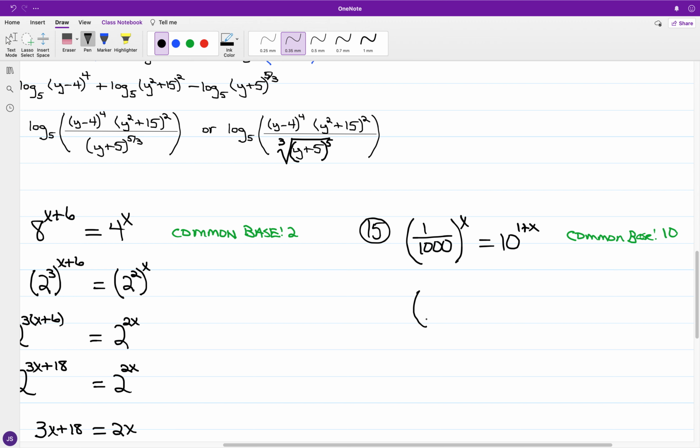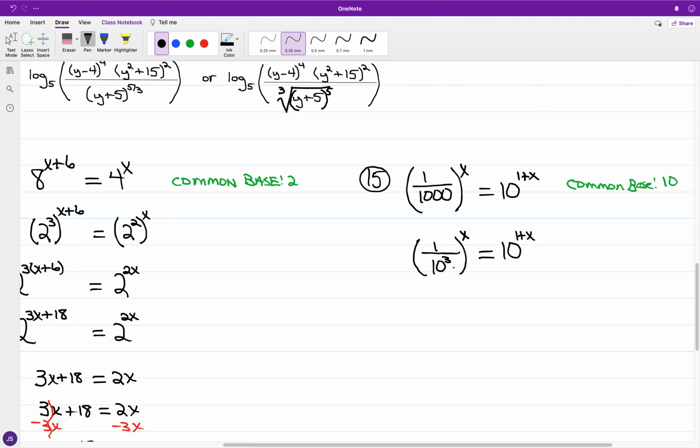So we have 1 over 1,000, so this is going to be 1 over 10 to the third, is equal to 10 raised to the 1 plus x degree.